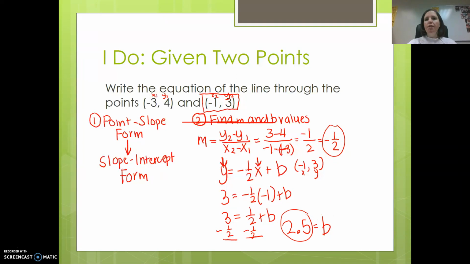Instead of being told those, I found them. So now I can write my equation as y equals -1/2 x plus 2.5. So my slope and my y-intercept are shown as part of my final equation. If you prefer to use point slope form, that's fine. But this way uses a lot more of our algebra skills as far as using solving for a purpose.